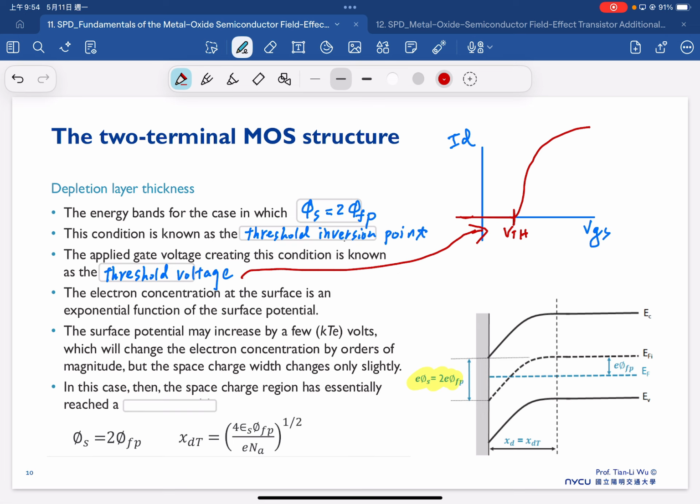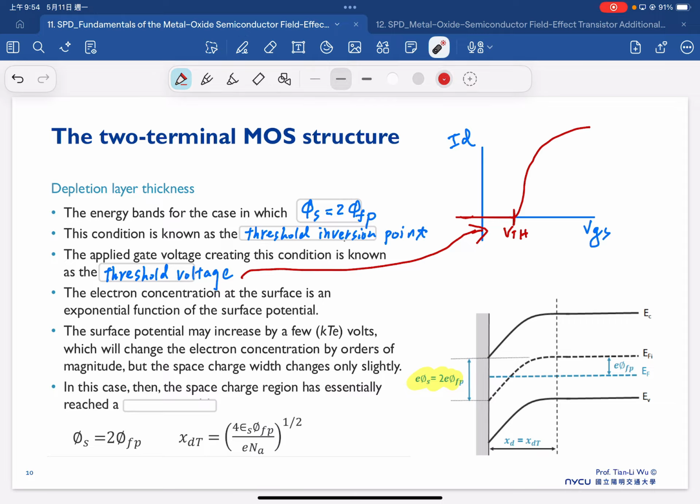So the next question is: how do we analytically determine the threshold voltage? For sure, for a measurement experiment, it's easier to define. As long as the current increases, we can just define that as the threshold voltage. But we are interested in what the analytical equation would be to analyze this threshold voltage.